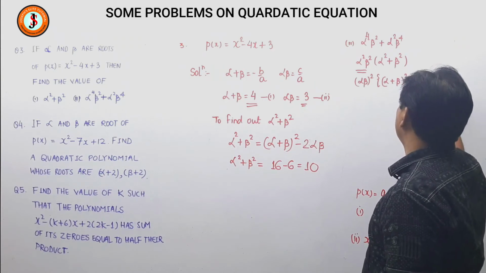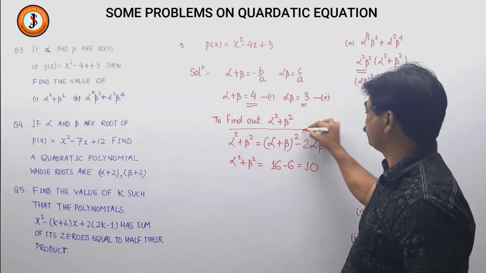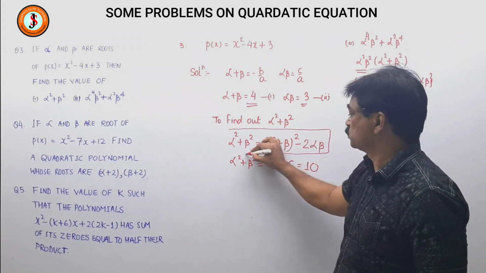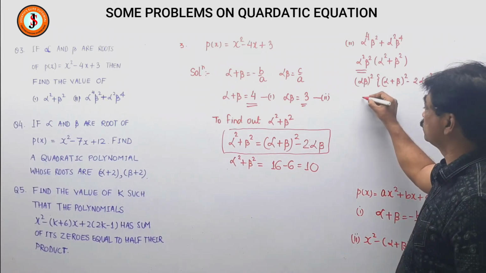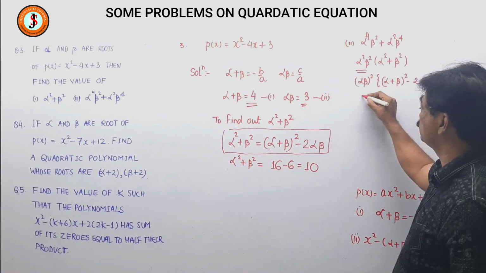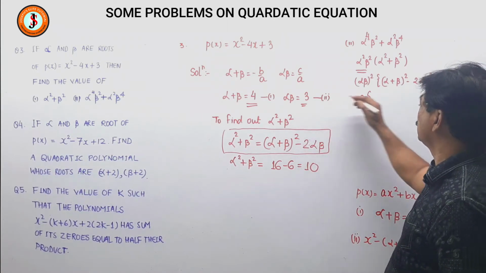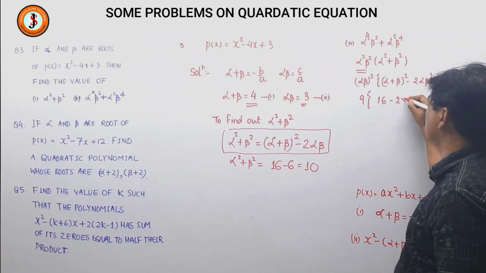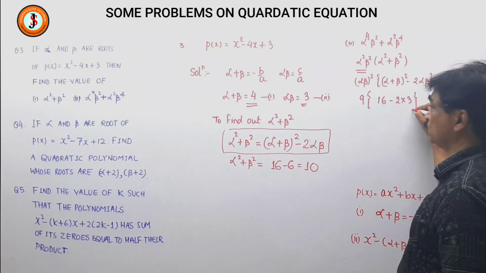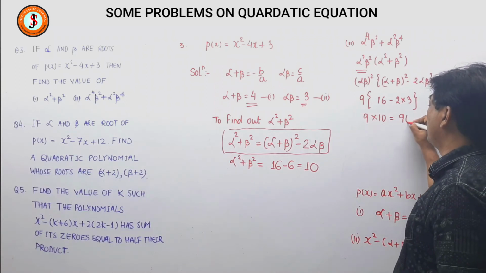This relation you have to remember, which I have used here. So alpha beta the whole square, alpha into beta is 3, 3 square is 9, alpha plus beta the whole square, that is 4 square 16, minus 2 alpha beta, that is 2 into 3, 6. So 9 into 10, that is equal to 90.